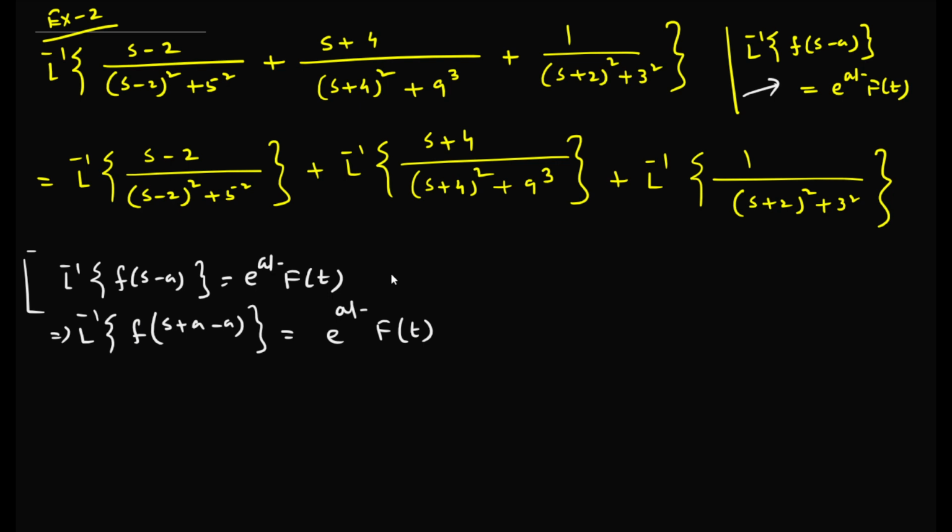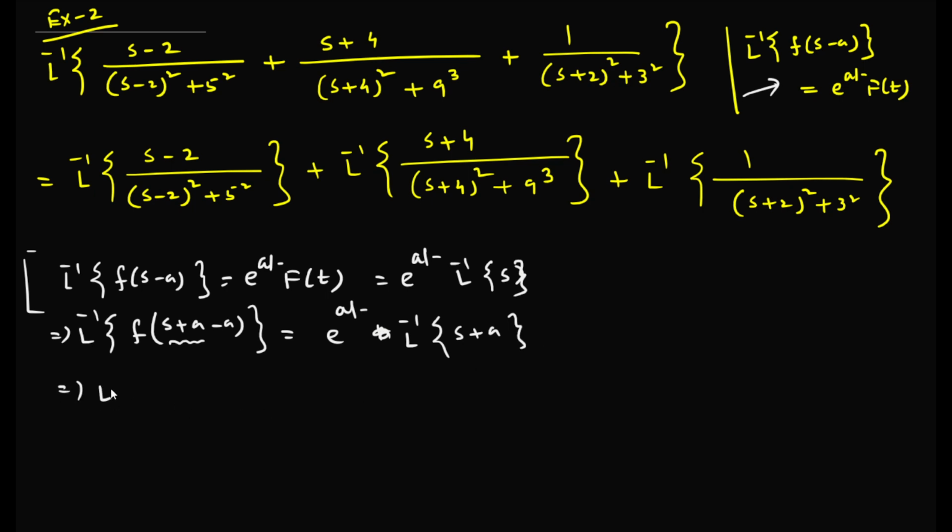Also we can write it like this. See, e to the power at, what is f of t? f of t is what? L inverse of small s, right? Then this will be L inverse of, in place of s, what are we replacing here? In place of s, we are writing s plus a, right?